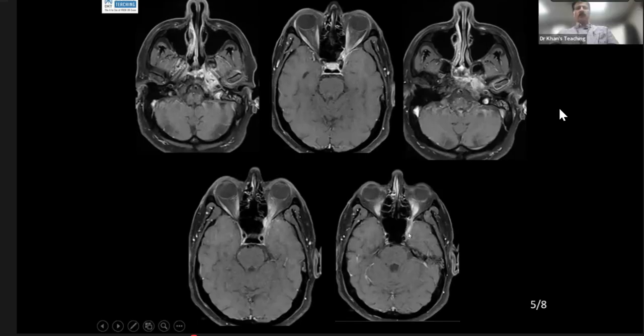Excellent. So we can see cavernous sinus thrombosis here. I will show you cases, maybe next session, where please remember that there can be secondary thrombosis of the ICA. That is known to happen.